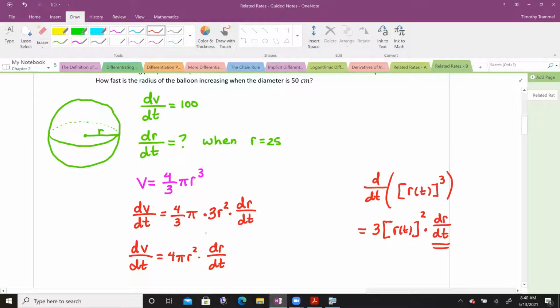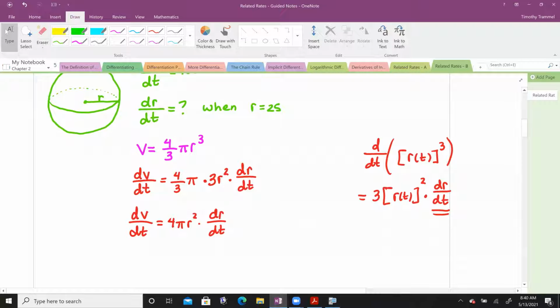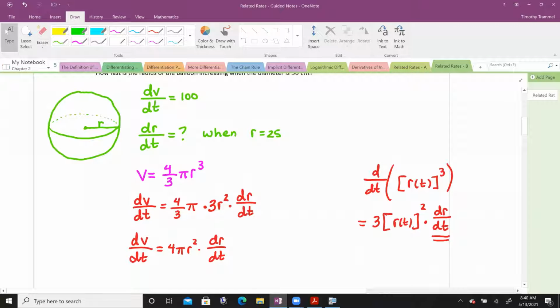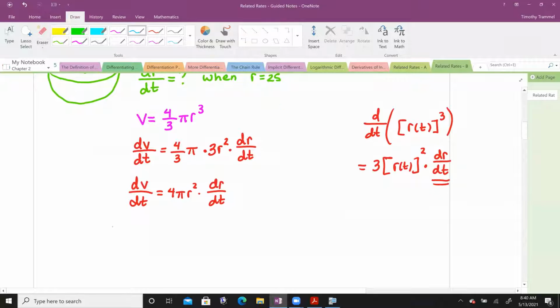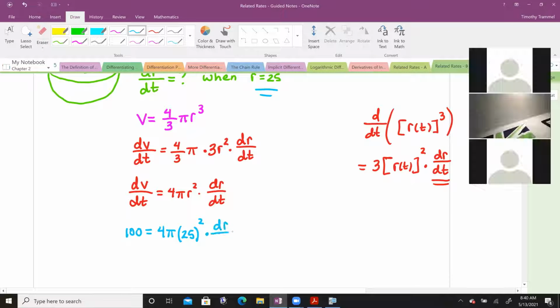And if we were to plug in what dV/dt is, we can see that up there at the top, right? It's 100. Let's plug that in. 100 for dV/dt. We have 4 pi. We have r up here is 25. And then we have the unknown dr/dt that we want to solve for here.